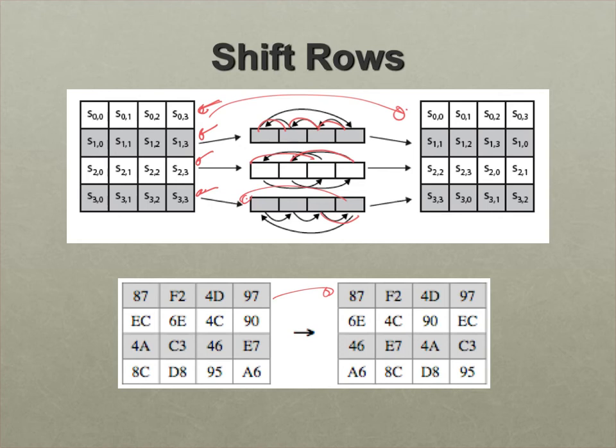This is the shift rows. We perform the shift rows as part of the round for AES. So we can perform this shift rows in any way, but that has nothing to do with randomness or unpredictability.